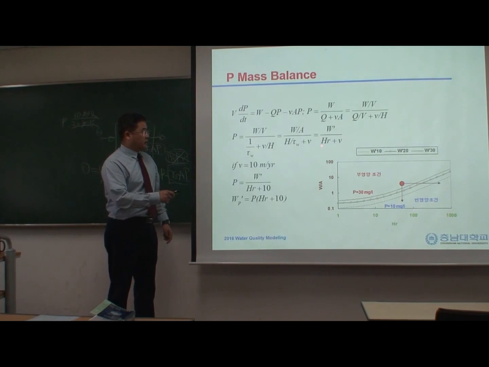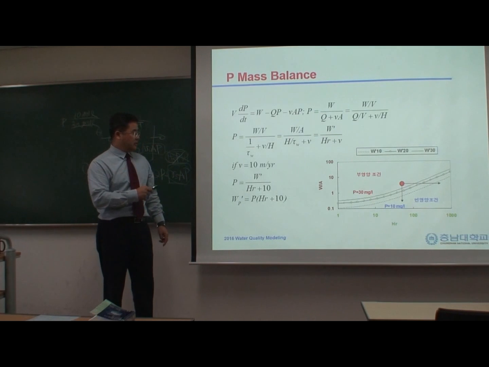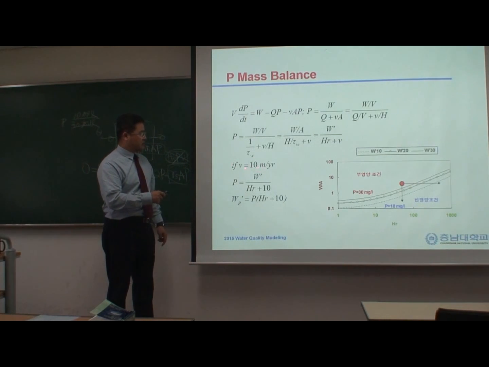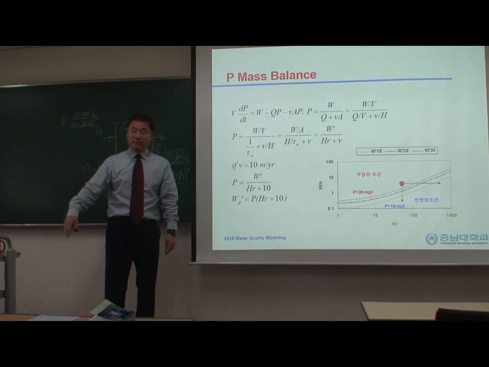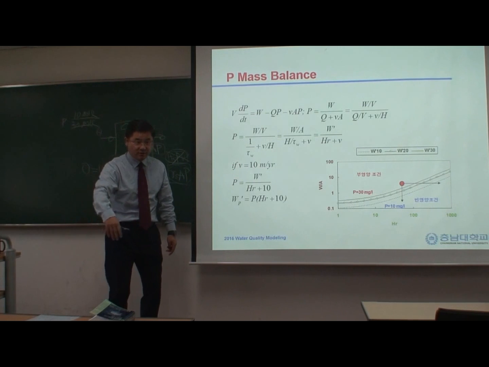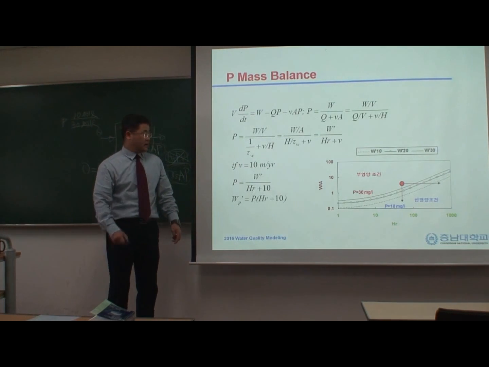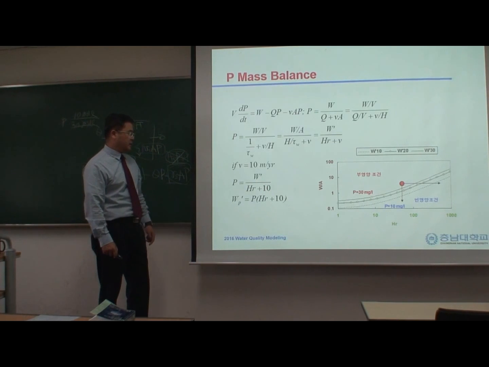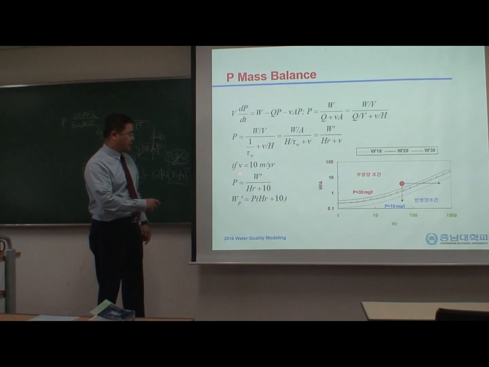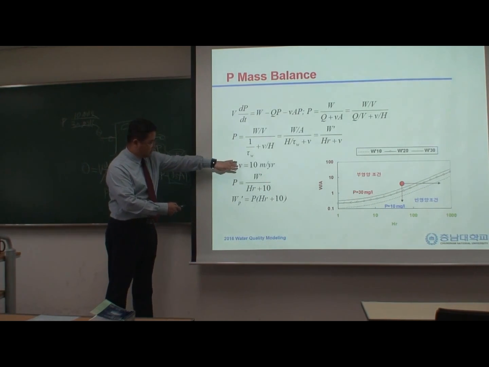Okay, from here, let's say I know my settling velocity is 10 meters per year. In 1 year, it settles 10 meters. Very, very slow. It's like colloidal motion. And then I can have 10 right here. So then I can rearrange my equation like this, right?